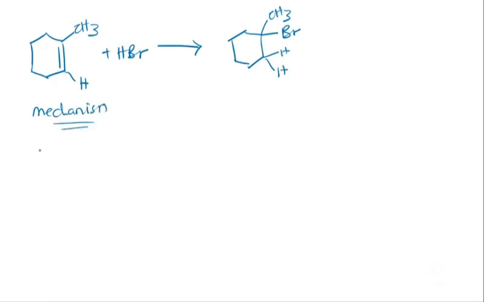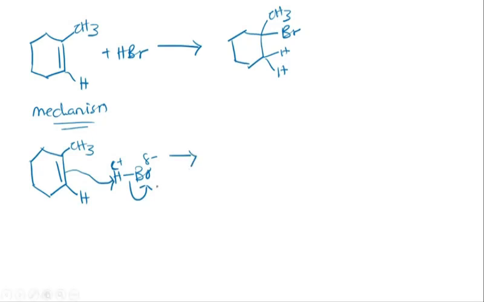By now we are all comfortable with how this reaction goes. That is, it goes via Markovnikov addition. So we know our HBr: this is partially positive, this is partially negative. The double bond will attack the proton, expelling the electrons onto the bromine. So we no longer have the double bond.